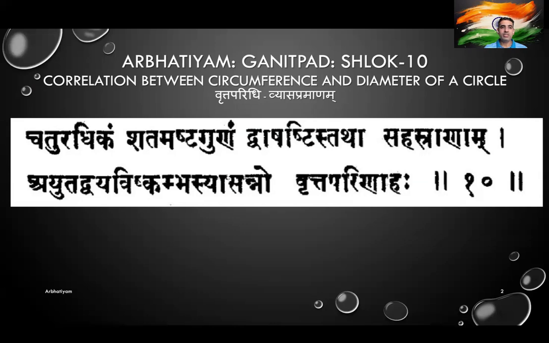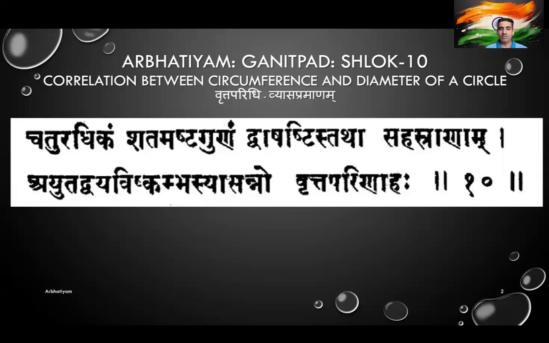Now let us get into the pronunciation and understanding of the chronological order of the words in the shlok from Ganitapada, shlok number 10. Chaturdhikam shatamashtagunam dvashashti sthatha sahasranam ayutadvaya vishakambasya asanno vritta parinaha.